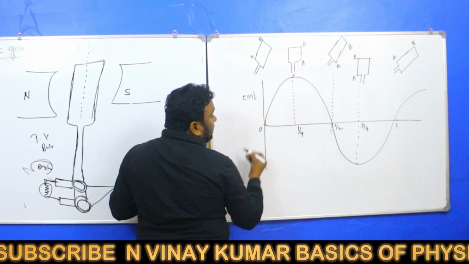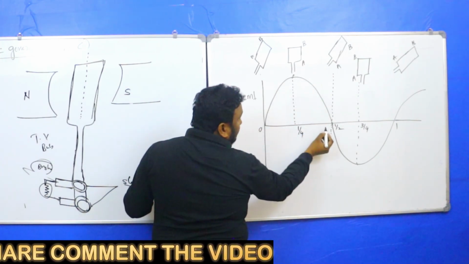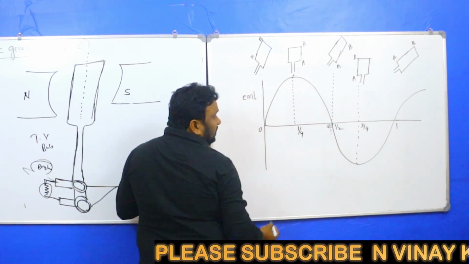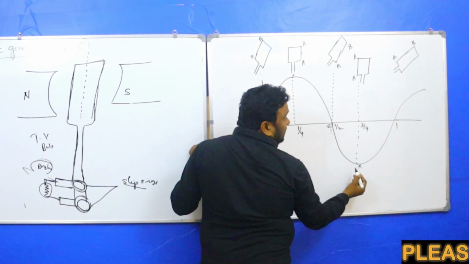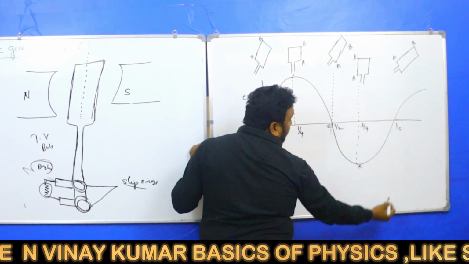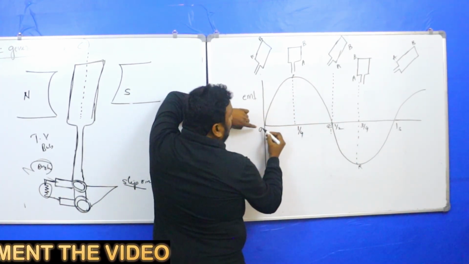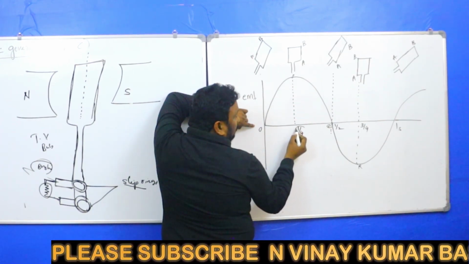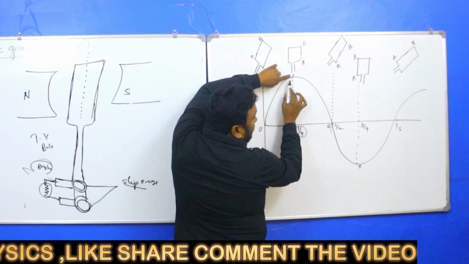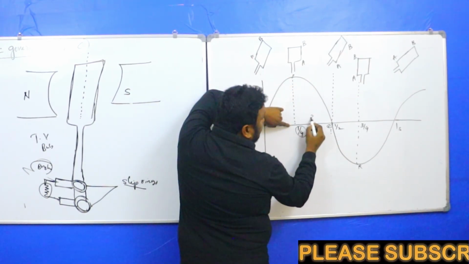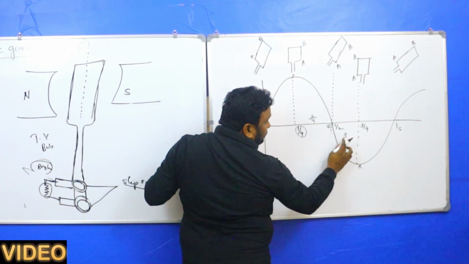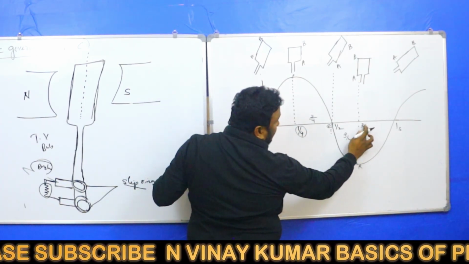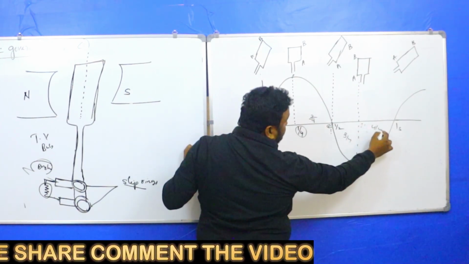O to P is the first quarter, P to Q is the second quarter, Q to R is the third quarter, and it is now S. So O to P, how much time is taken? 1/4. And again P to Q, it is 2/4, second quarter, and this is the third quarter now, and it is now the fourth quarter.